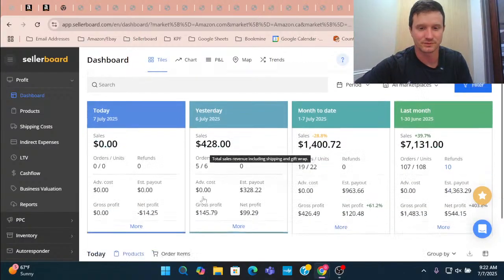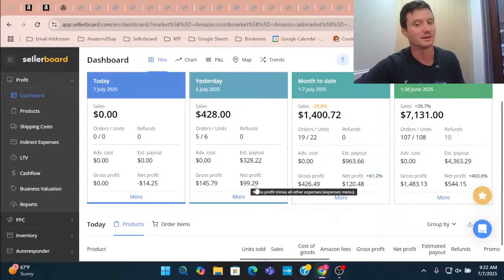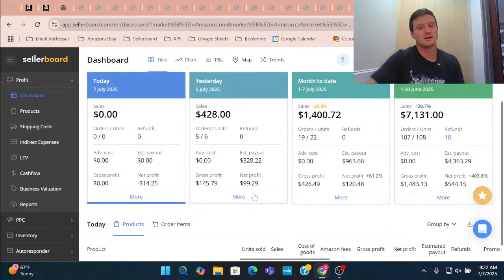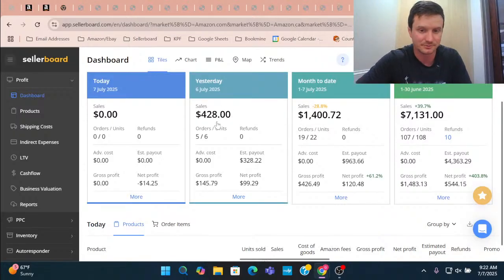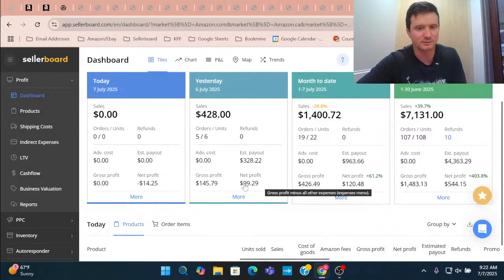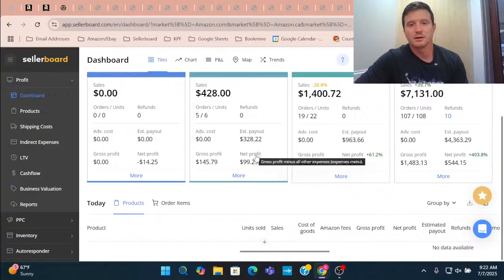And that brought me down to $99. So off of $428 on yesterday's sales, I'm profiting, the real number that matters, $99, which is pretty good. That's not bad at all.